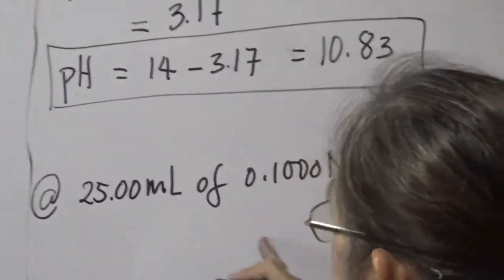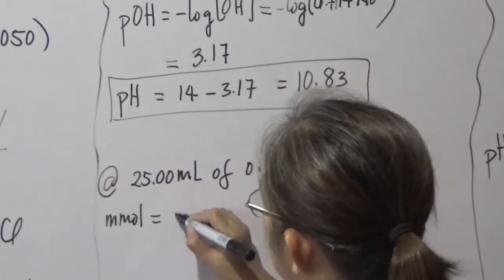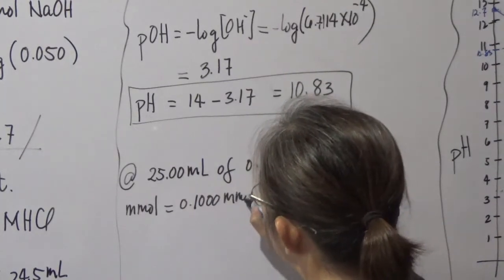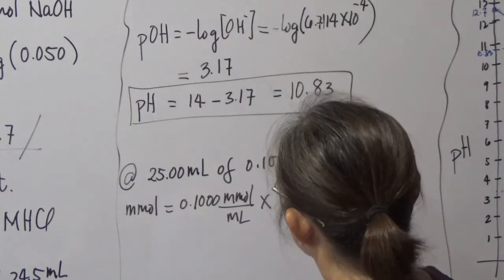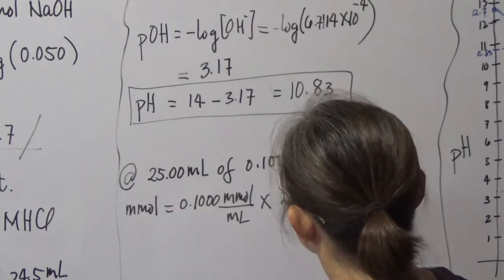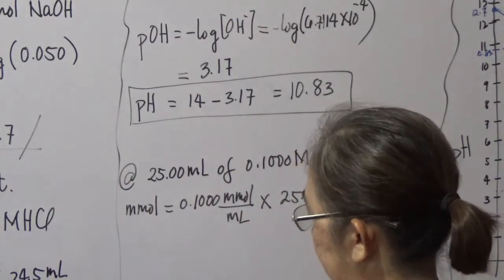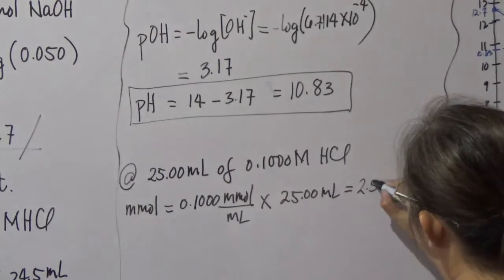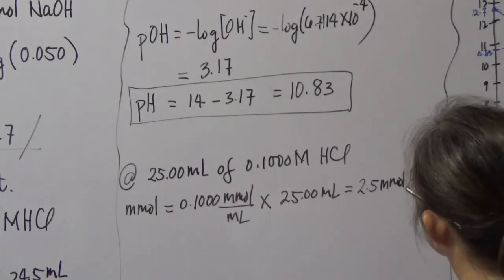What is the amount here in millimole? That is 0.1 millimole per ml times 25 ml, which is 2.5 millimole of HCl.